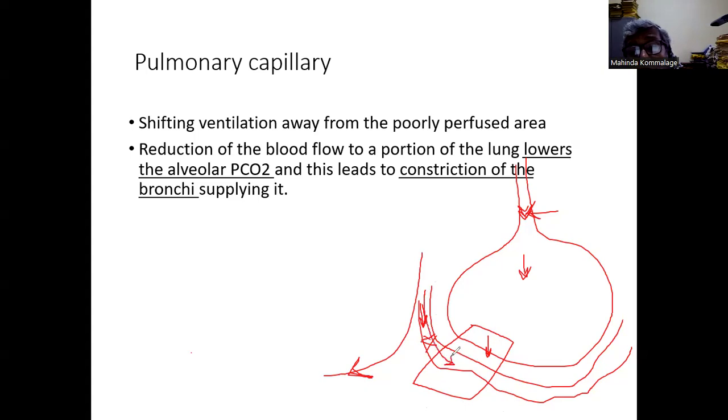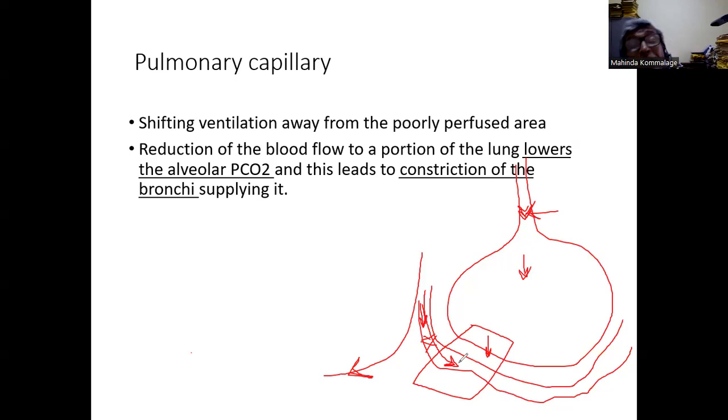So if there's a low carbon dioxide, what can be the possibility? Low carbon dioxide in the alveoli, this area. No carbon dioxide coming here. What can be the cause?